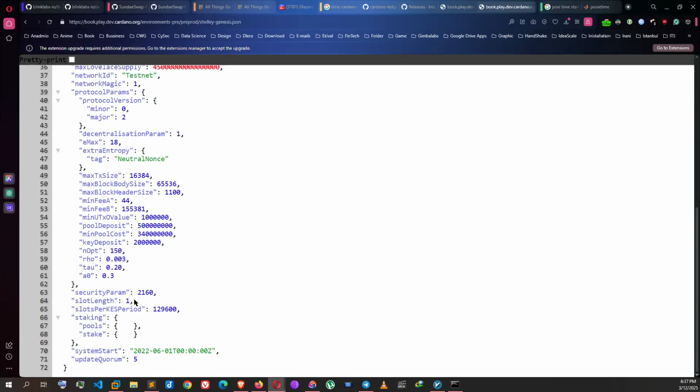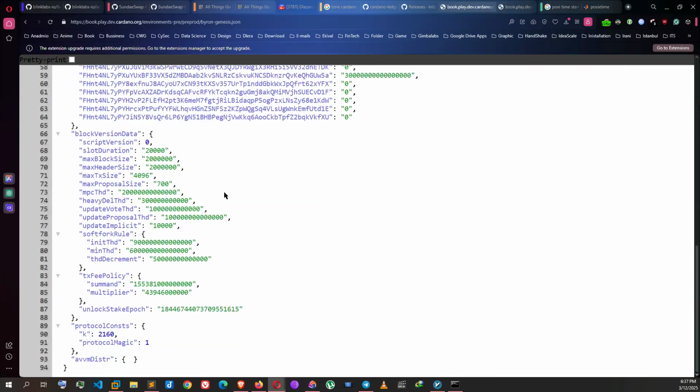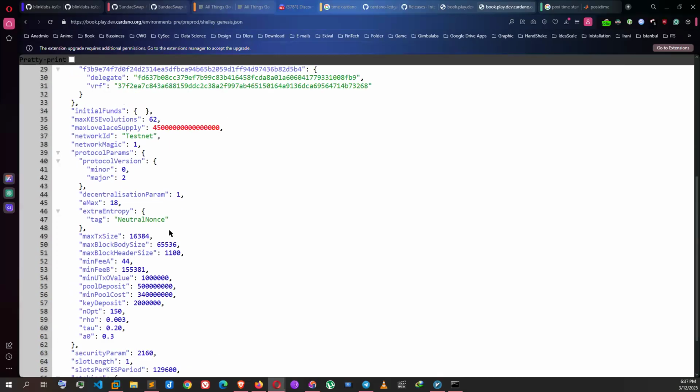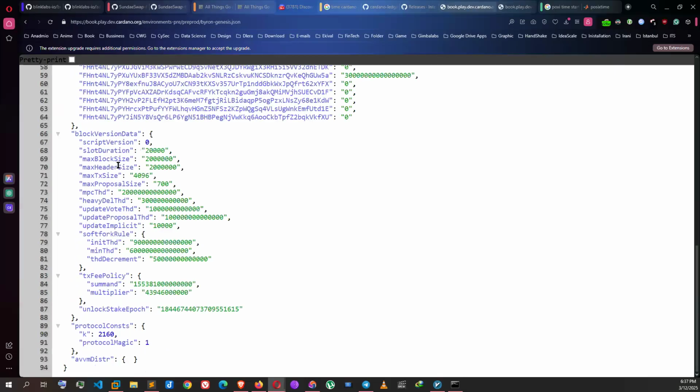So you see that just looking at this, there is this Genesis here with a bunch of stuff inside it, and there is another Genesis here with a bunch of stuff. Again, there is not that much compatibility. Sure, there are some similar things, but we have slot length here, and we have slot duration there.